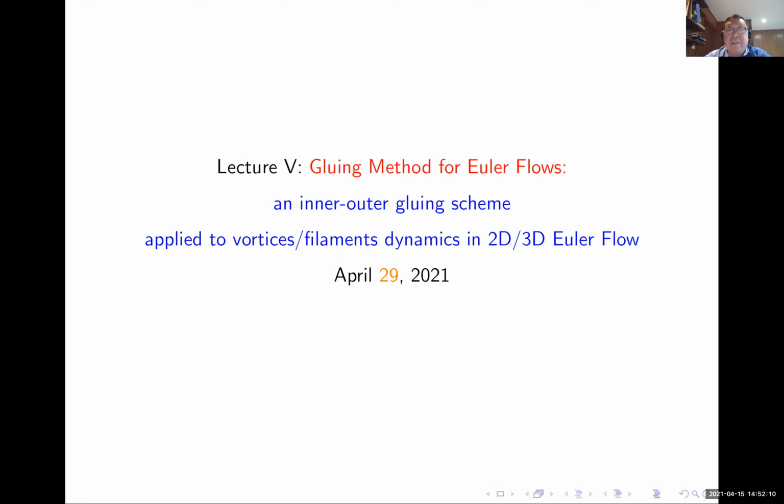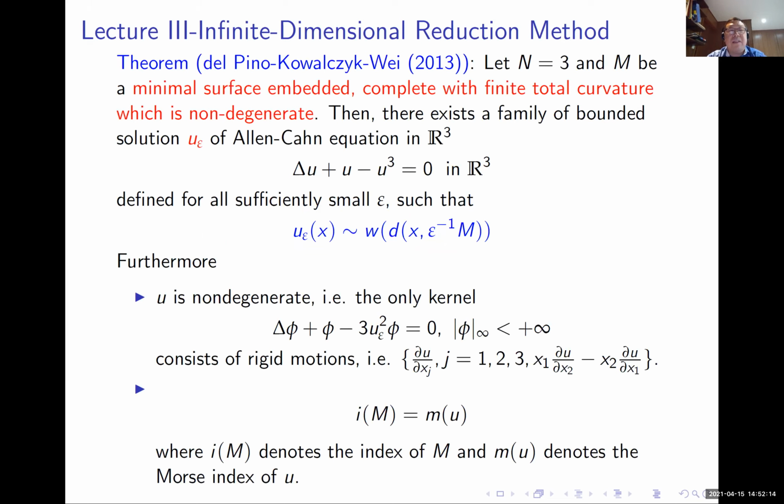So let me now start the inner-outer gluing, the infinite dimensional reduction method. This is the thing we want to prove. We just started last time. We assume dimension 3. Suppose we have an embedded minimal surface, complete with finite total curvature, non-degenerate.